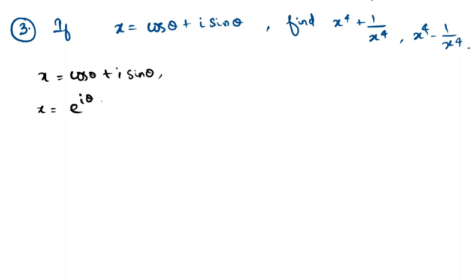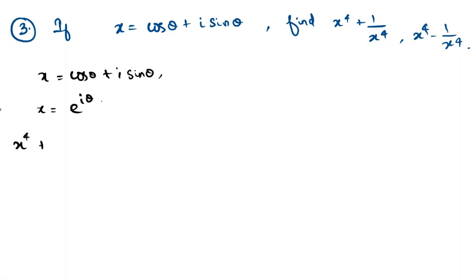So if we know this, we can proceed to find out the answer for the given question. So now taking x is equal to e power I theta, we can proceed to find.